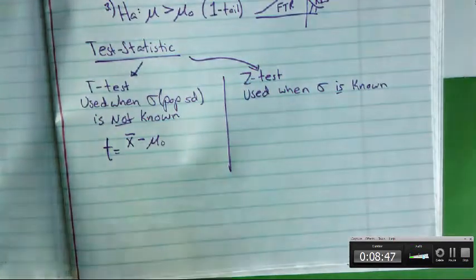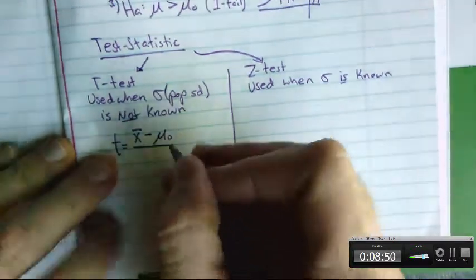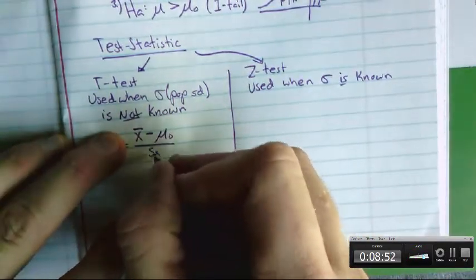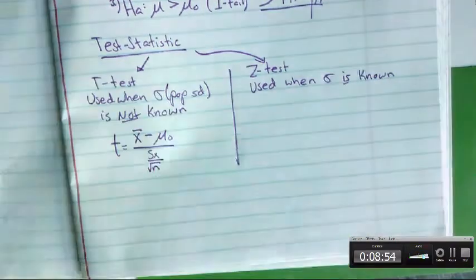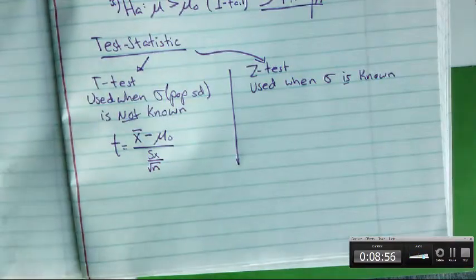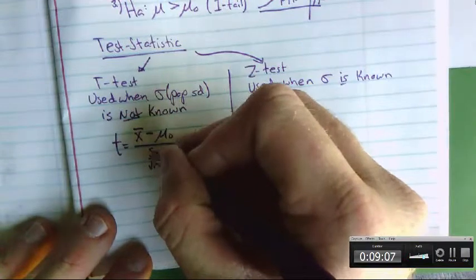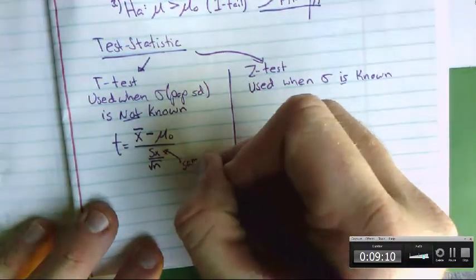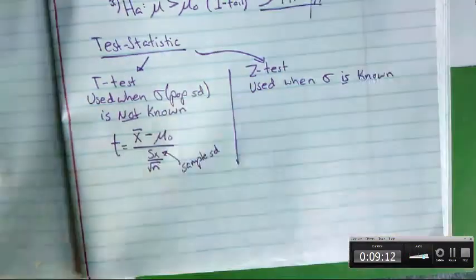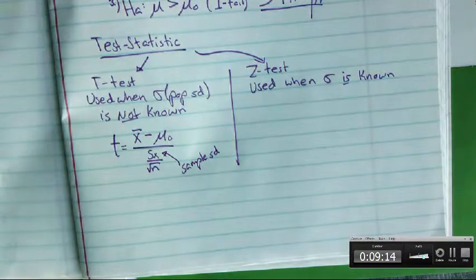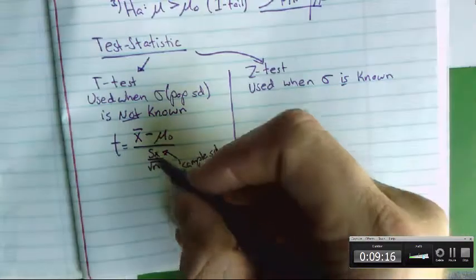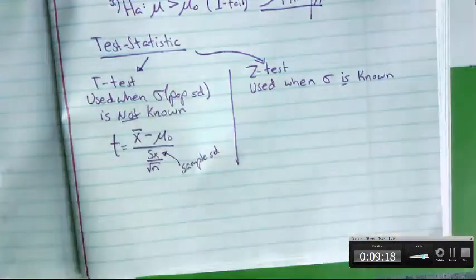And then it's over the standard error of our data, which has the formula S sub x over radical n. It's the same formula we had for t in the last section. Your sample minus the claim divided by the sample standard deviation over square root of n. And once again, guys, S sub x over square root of n is just the formula for standard error.